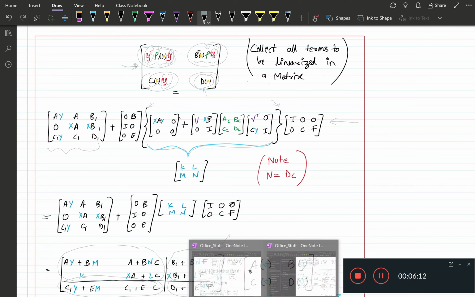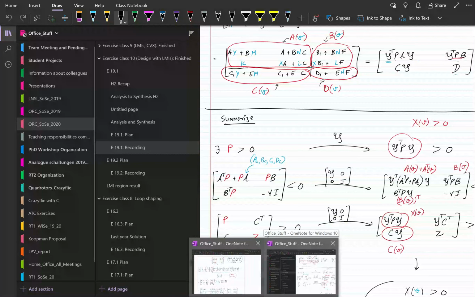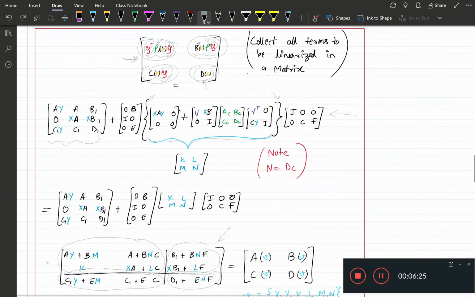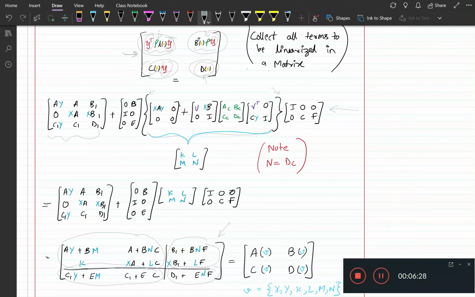Because these are now linear terms, let's call them A of V, B of V, C of V, and D of V, where these functions are linear in V, where we've defined V to be all the new variables X, Y, K, L, M, N. An interesting point to note is that if we look at this substitution K, L, M, N equal to this thing here, we see that N is in fact equal to D C, and you should also verify this for yourself.